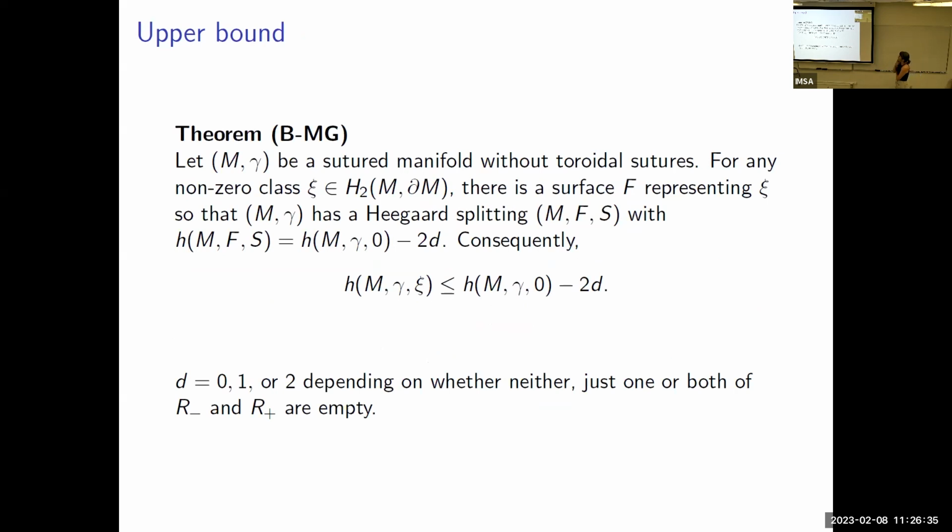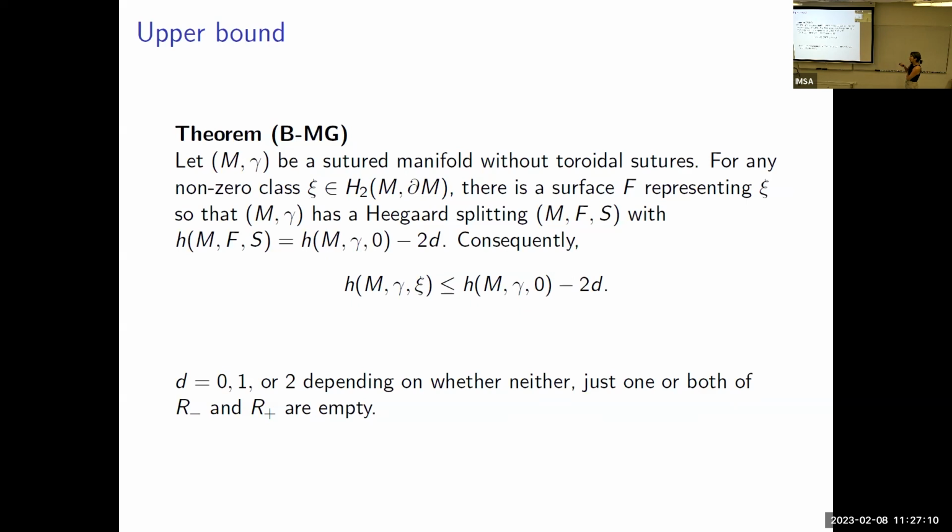So this is the upper bound statement, and it says that, given a sutured manifold without toroidal sutures, then for any non-zero second homology class, we can find a surface that represents that homology class, so that the Heegaard splitting (M, F) has this handle number.